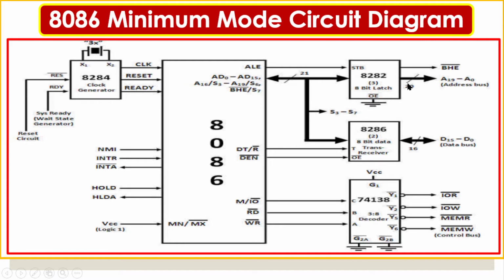After the next T state, the microprocessor will remove the address latch enable, so there is no enable signal here. The latch will maintain the address on the address lines continuously until the next ALE. The next ALE will be available only in the next machine cycle. So that's where the demultiplexing process is happening here.